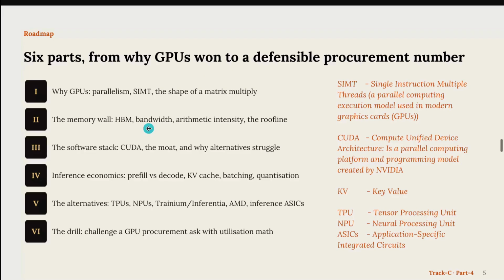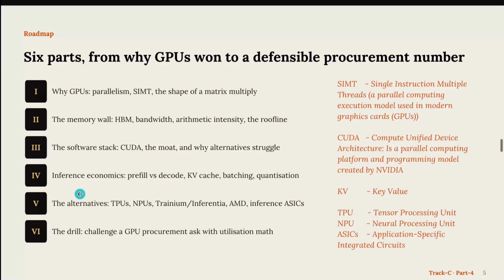We're going to first understand why we need GPUs in the first place: parallelism, SIMT, and the shape of a matrix multiply. We would look at the memory wall. How do we hit the ceiling? The software stack, CUDA, the moat, and why alternatives struggle, which are CPUs, TPUs, NPUs, and so on.